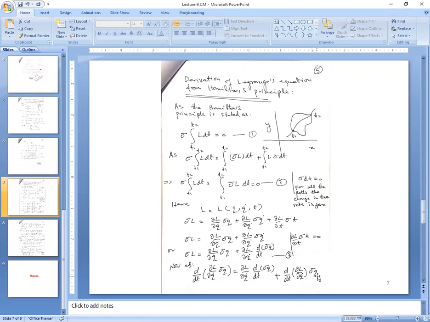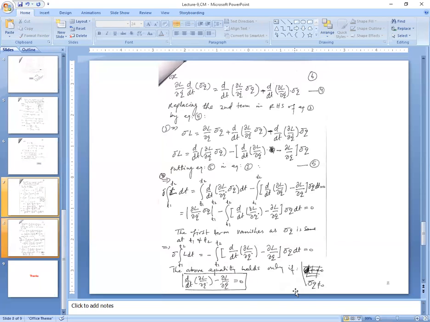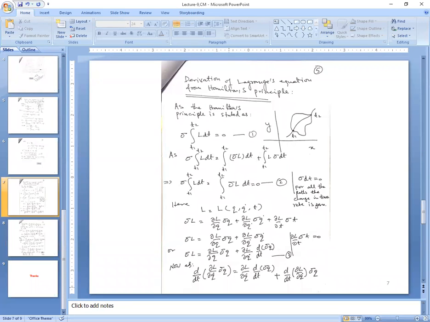Remember this equation, and rearranging it we obtain equation number 4. Replacing the second term in the right hand side of equation number 3 by equation number 4, this is the second term in equation number 3.